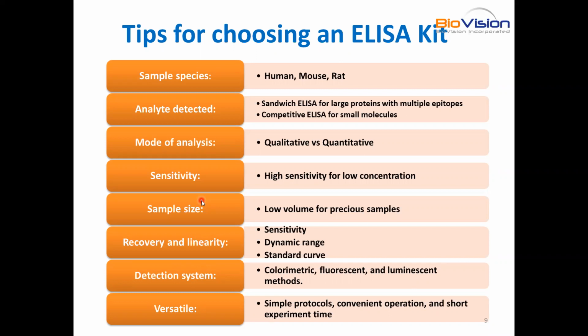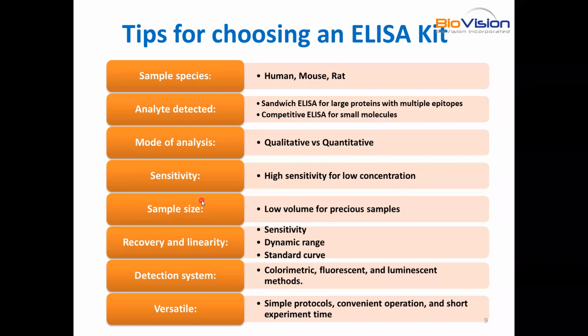So if the amount of the sample that the end user wants to analyze is very small, or for example, they have very precious samples, like in vivo samples, it is always better to choose an ELISA kit that requires less amount of sample. This way they can definitely save their precious samples, because if they have to go for an ELISA that requires 100 microliter or more, it's not a good choice because they will end up using all their samples.